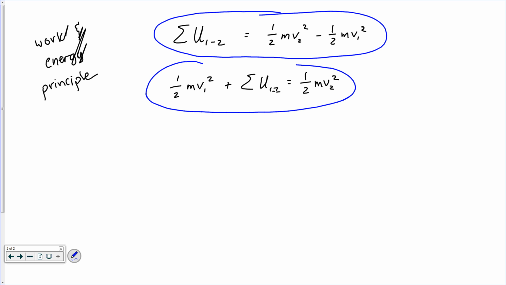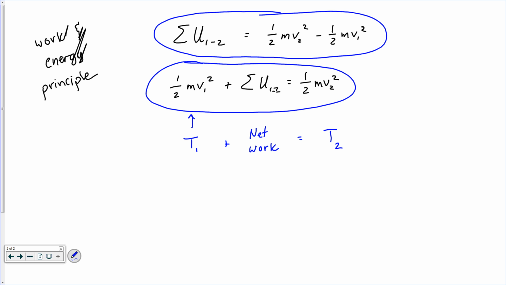This is also the work and energy principle. All I've done is bring that last term on the right-hand side over to the left-hand side. And what this says is that my initial kinetic energy plus net work, the total amount of work, is equal to my final kinetic energy.